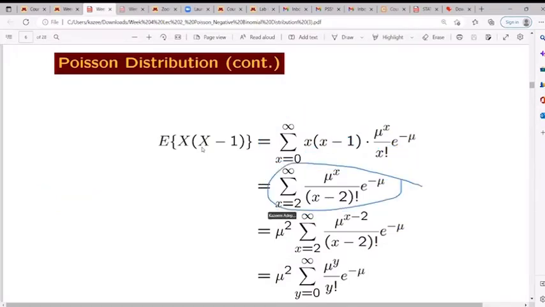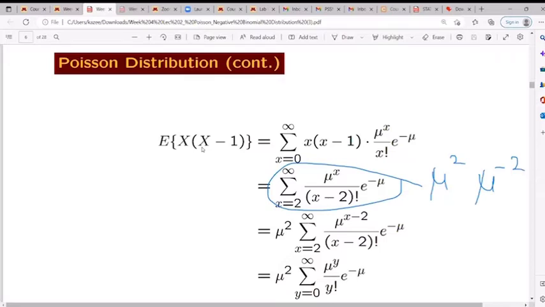At this junction, what am I going to do? You're going to see the power of mu here is x, but that is divided by x minus 2 factorial. We want a situation whereby the power of mu matches what is being divided. So I'm going to introduce mu raised to power 2 and mu raised to power minus 2. Of course, they cancel out, but we actually need them.